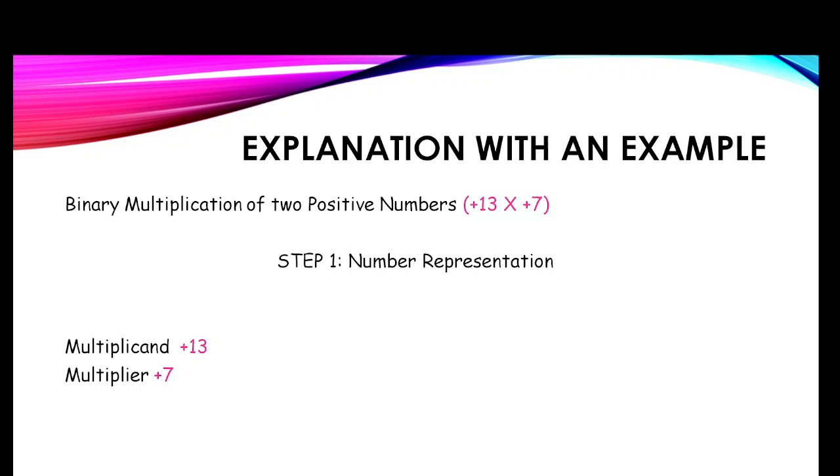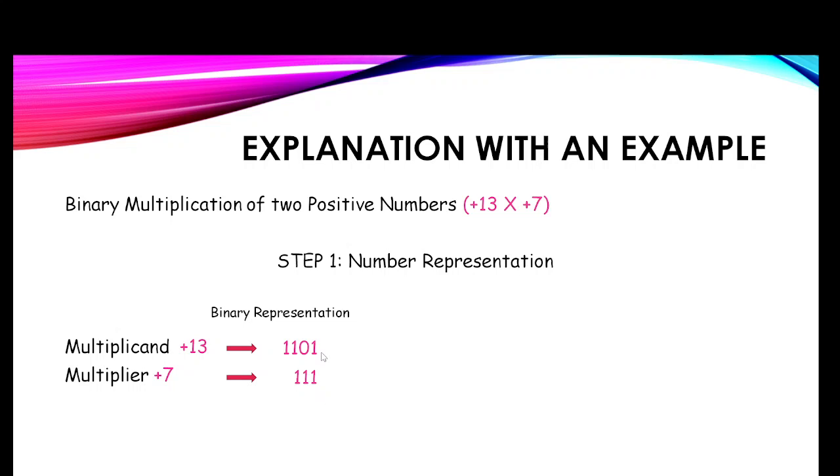So my 13 is going to be represented as 1101 and 7 is going to be represented as 111. Now we have to look at the length of the numbers. So here it is a 4-bit representation, here a 3-bit representation.